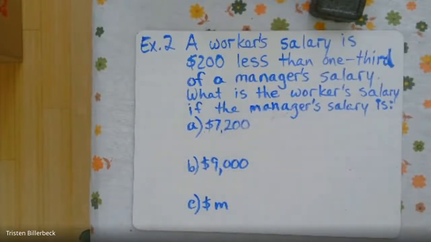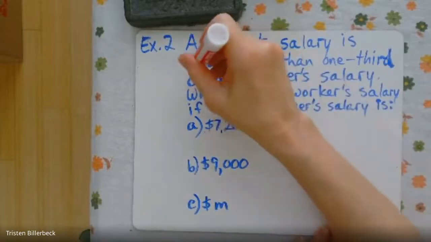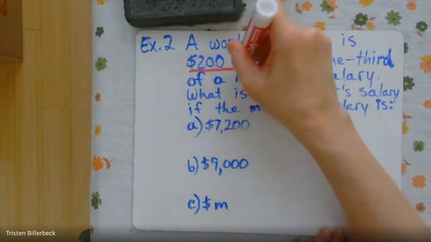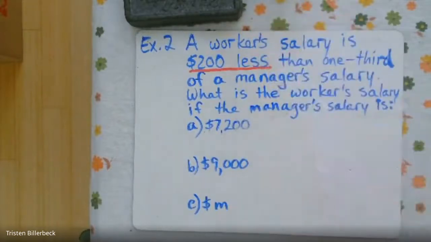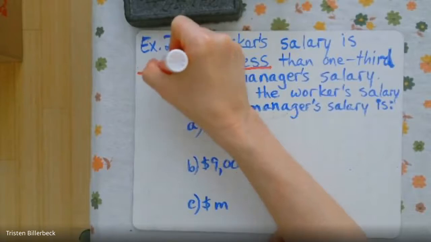Okay, so let's go back and look at this, because I know when you see a lot of words, you get crazy. Like, no, what a word problem. Okay, so the first thing we need to look at is it's 200 less. So what 200 less means is minus 200.